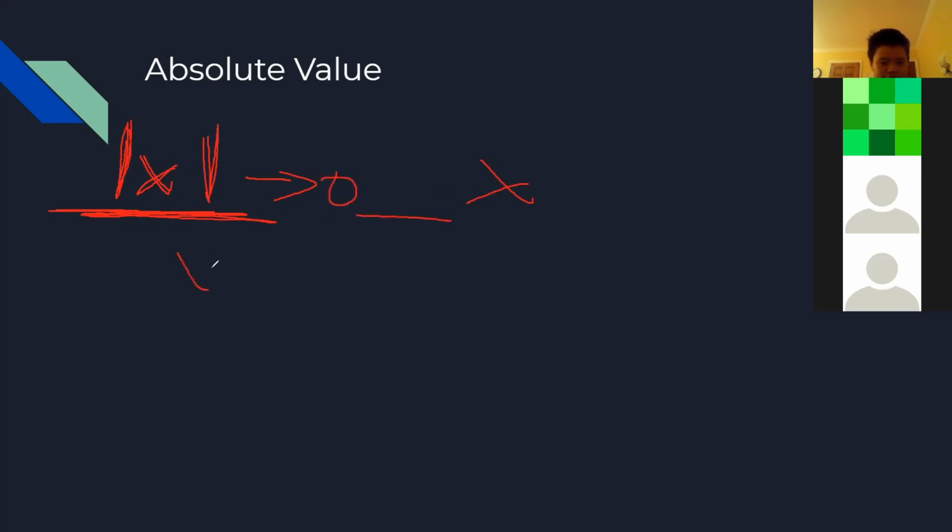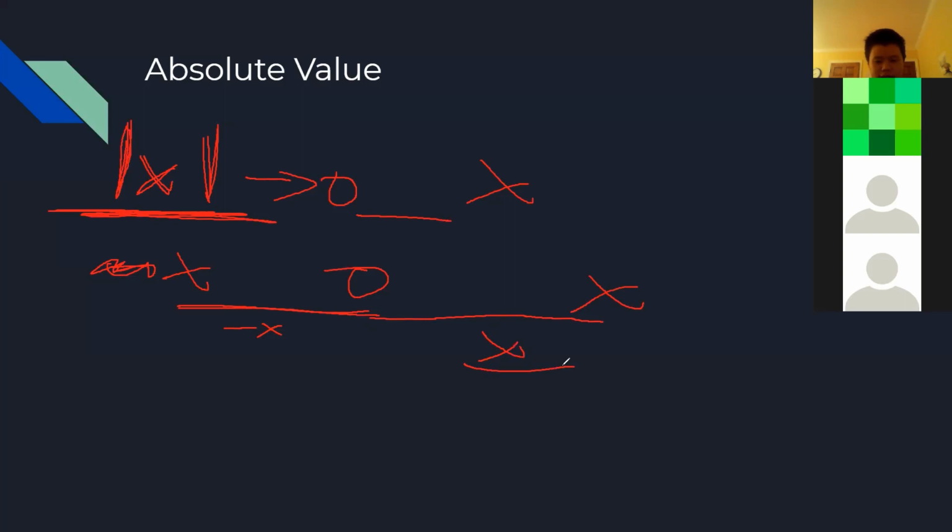So if x is negative, then the distance here is negative x, because x is negative, so negative x is positive. And now if x is positive, then the distance is x, which is positive. Does anyone have any questions on that?